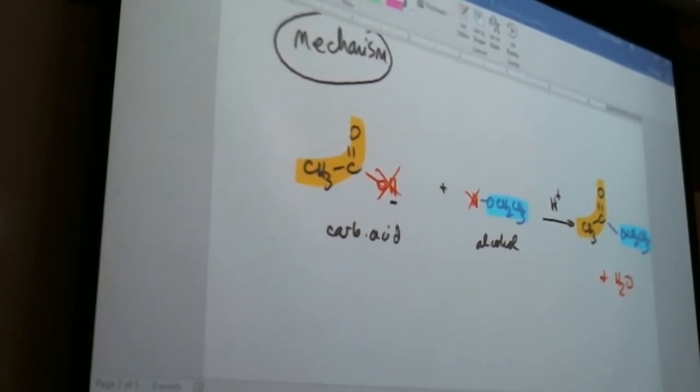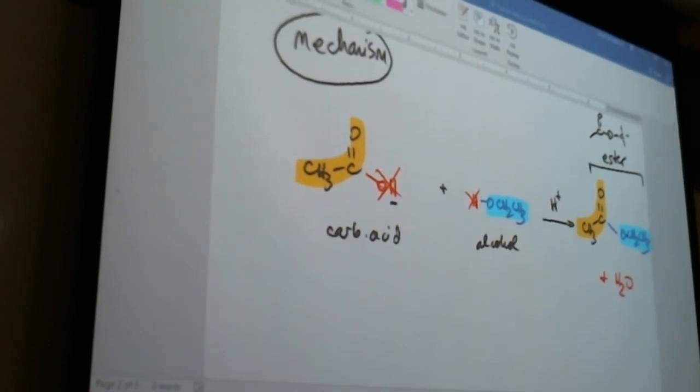This oxygen is now connected to an alkyl group. This is, as a functional group, an ester, right? Whenever you have a carbon double bond oxygen connected to some carbon, that is an ester functional group. So we call this an esterification reaction, forming an ester.